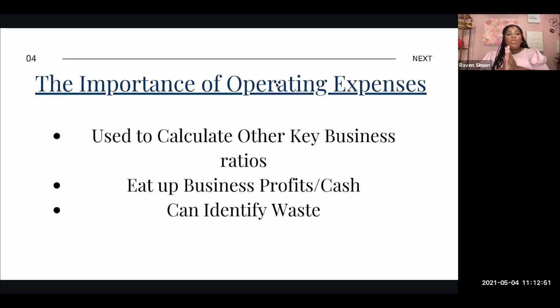If you want to do profit margin, net income, cash flow, or a break-even analysis, which every business owner should do at least quarterly, but we'll get into that later. Operating expenses are used to calculate a plethora of other business ratios. So you need to not only know what they are and how to calculate them, because if you get your operating expenses calculation wrong, everything else is wrong.